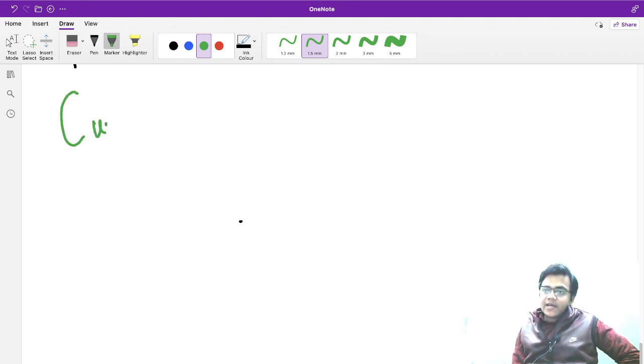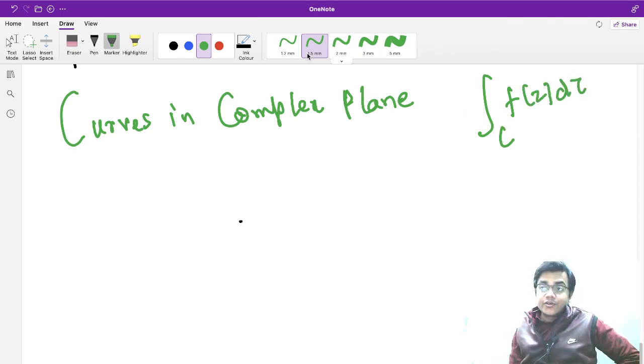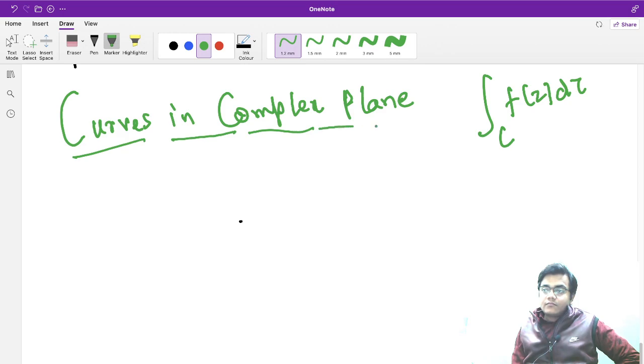After these discussions, certainly we need to discuss curves in the complex plane. Why do we need this? Actually, you need to find the integrals of f of z on this contour C. So we are going to discuss curves in the complex plane.